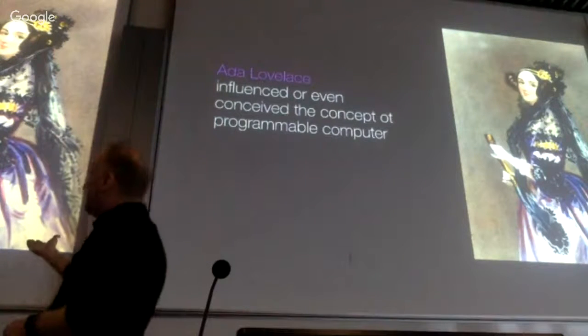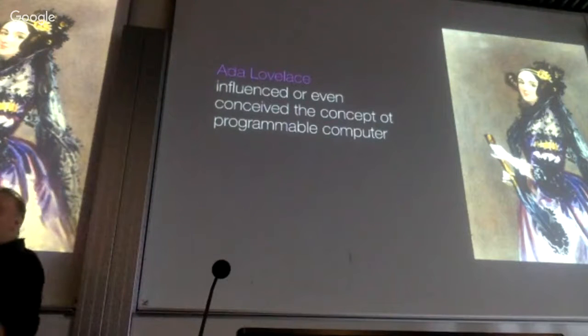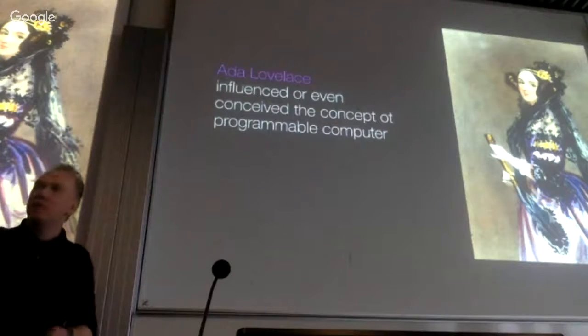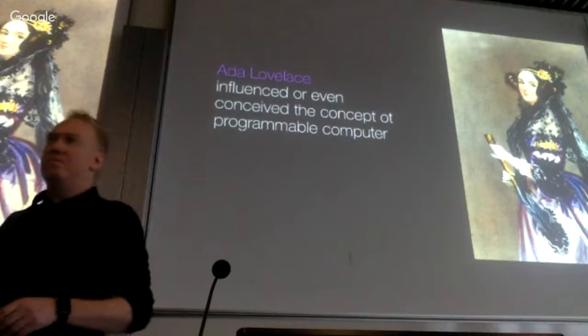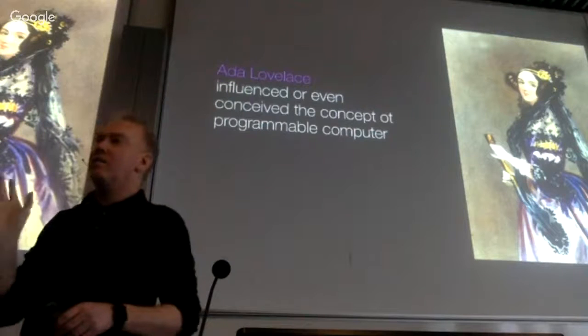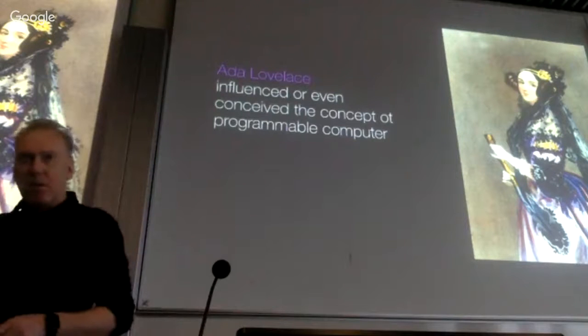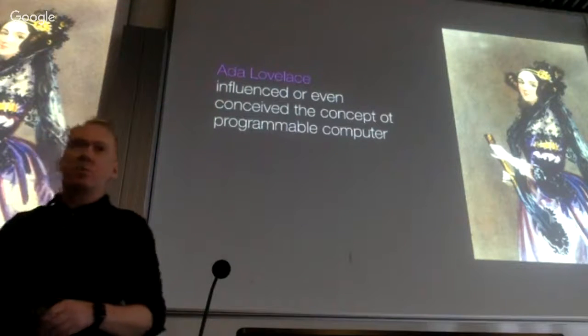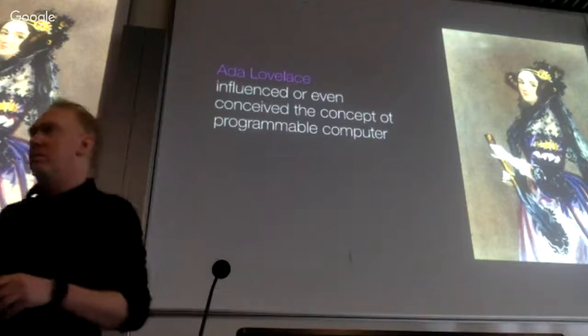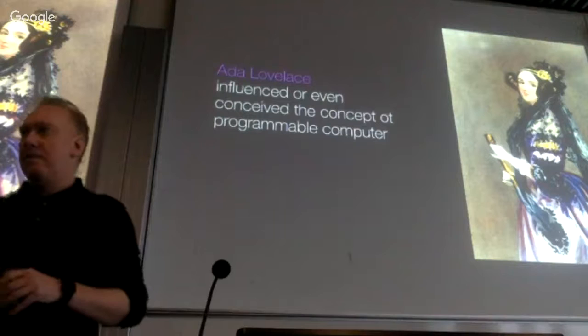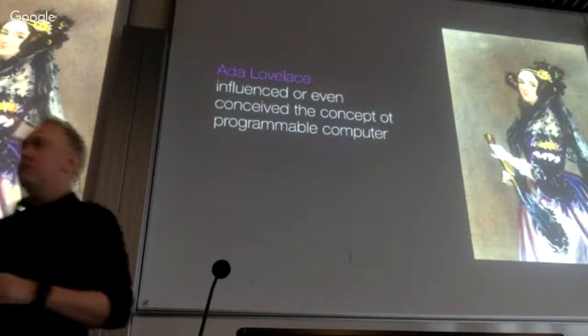So she even created the concept of a programmable computer, the programming language. So all the ideas were there, but it didn't happen. Now the question is, why couldn't Charles Babbage create a computer that worked? He didn't do it. They built one later. They didn't have the enabling technology.